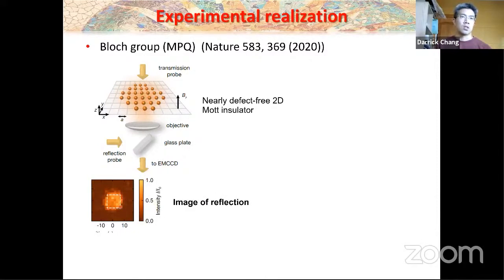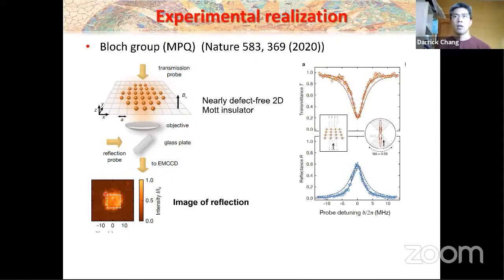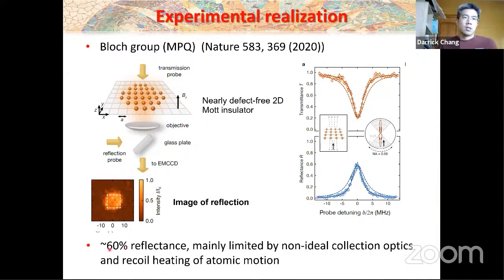So here you really just directly see the array of atoms and the high reflection. And then, if you more carefully look at the spectrum of transmission and reflection, they see that they can get up to about 60% reflectance. It turns out that 60% reflectance is largely limited not by anything fundamental, but more by technical issues like collection optics and so on.